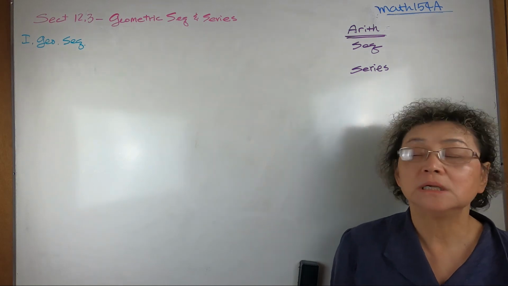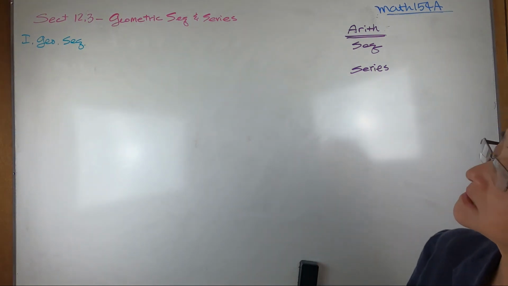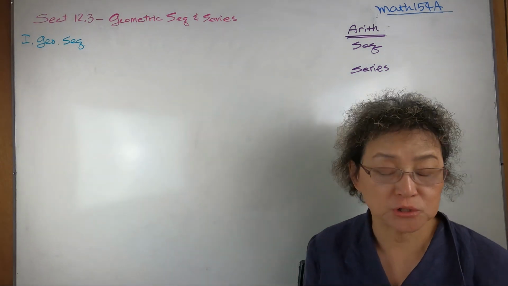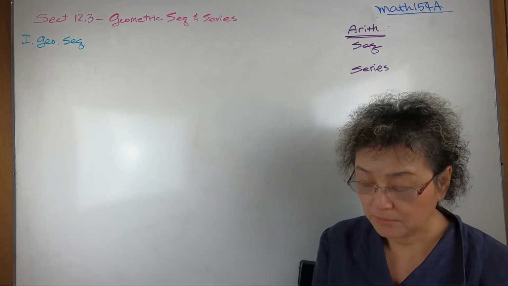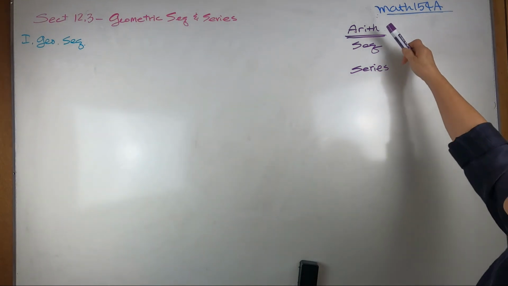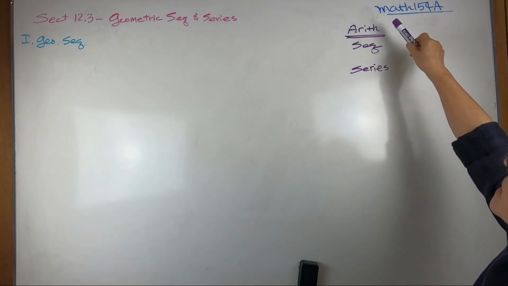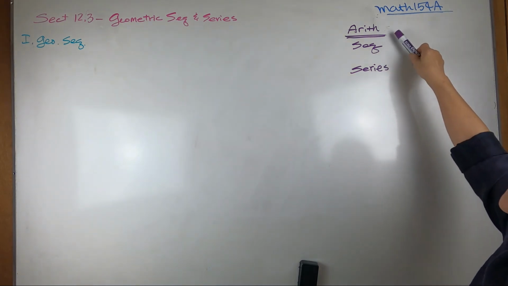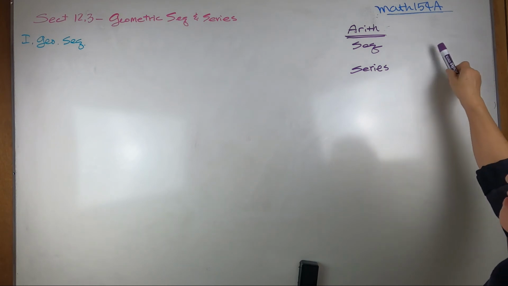Let's talk about another kind of sequences, geometric sequences and series, in section 12.3, page 62. So far, we have been talking about arithmetic sequences and series, by adding some number to get the next term.